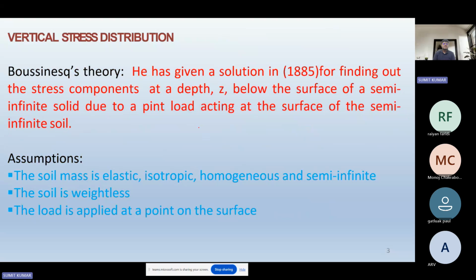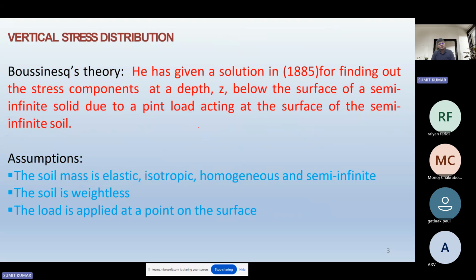What are those assumptions? In general, in soil mechanics we assume that soil is isotropic and homogeneous. Over here the important assumptions made are that the soil is an elastic, isotropic, homogeneous, semi-infinite medium.